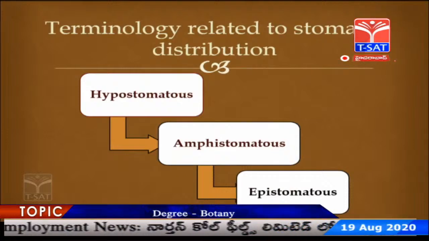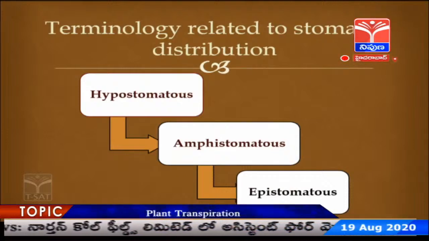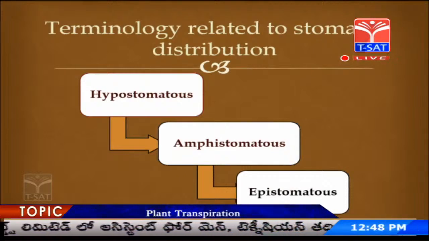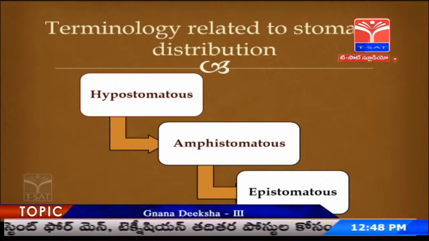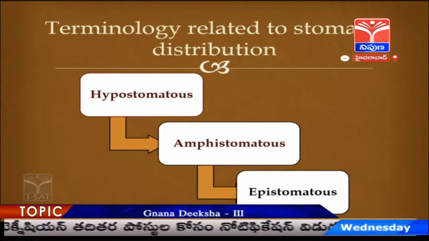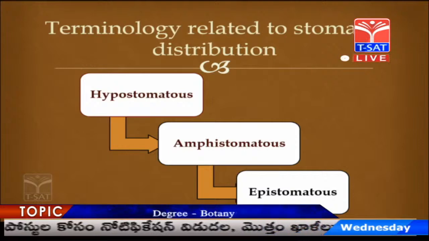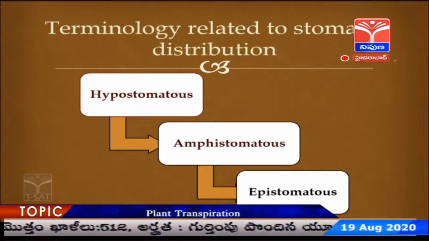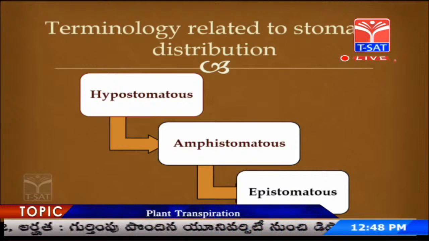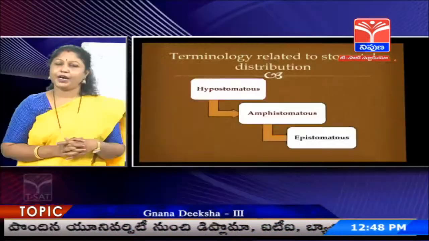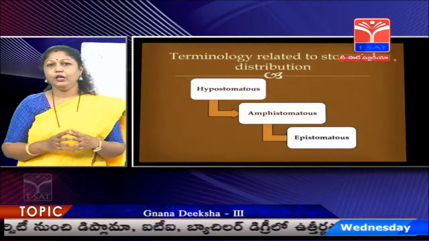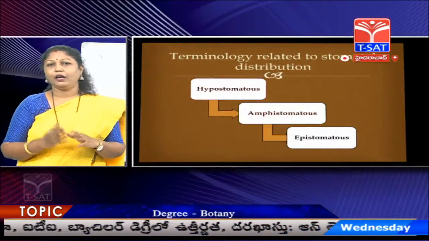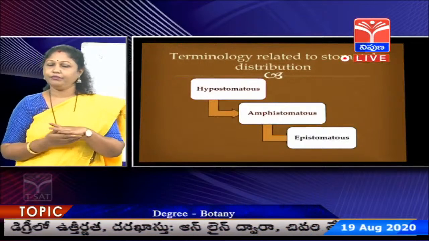Depending upon which part of the leaf the stomata is present, we can classify leaves into three categories: hypostomatous, amphistomatous and epistomatous. The hypostomatous condition is where we find more stomata on the lower surface of the leaf, not on the upper surface.